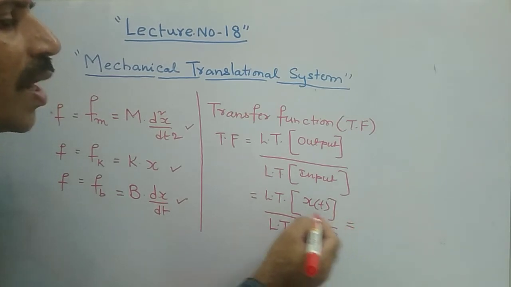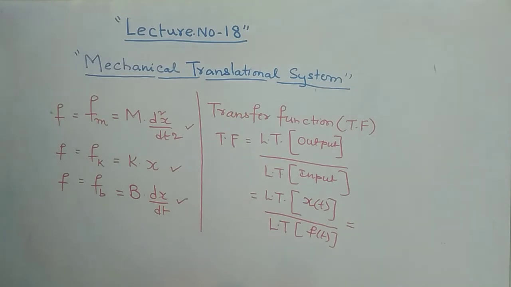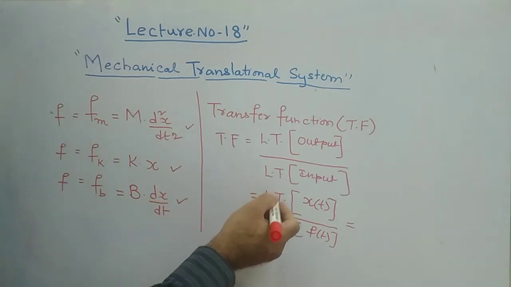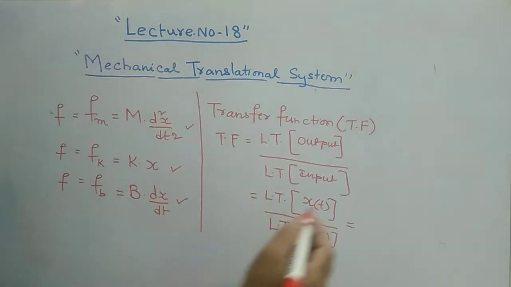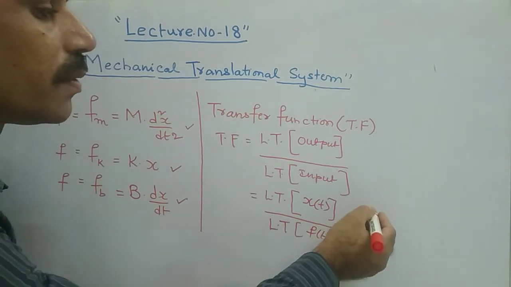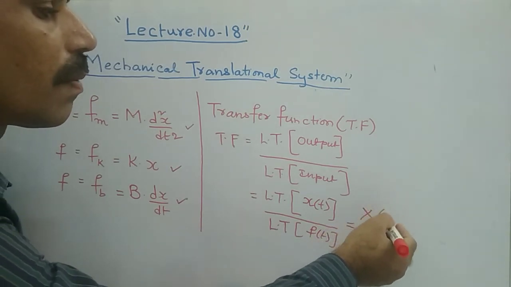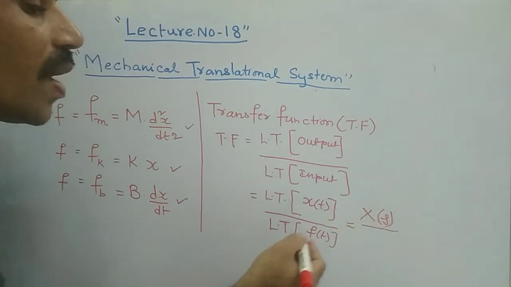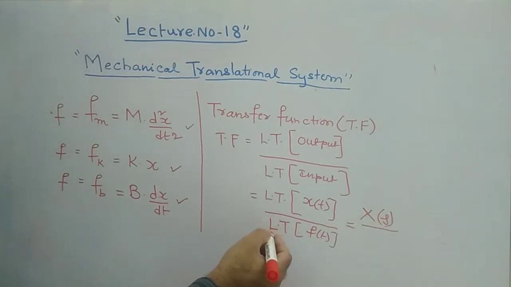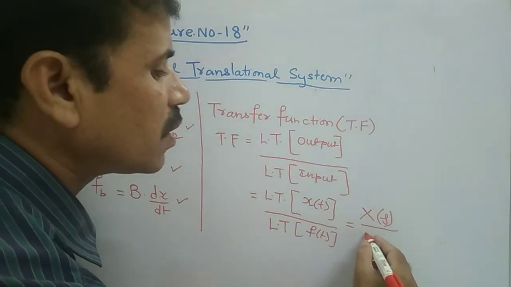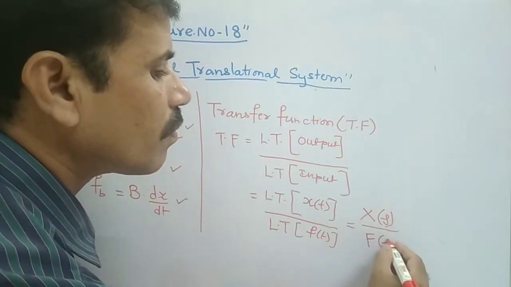If you apply the Laplace transformation to this x of t, it becomes X of s, and if you apply it to the small f of t, it becomes the capital F of s.